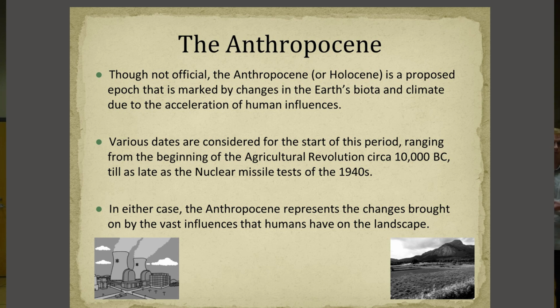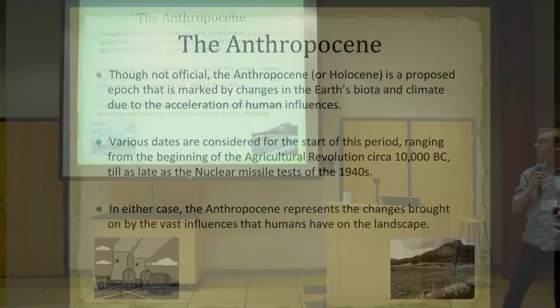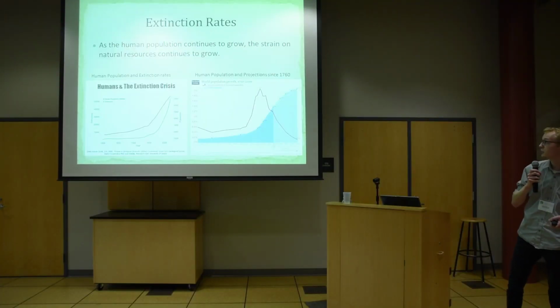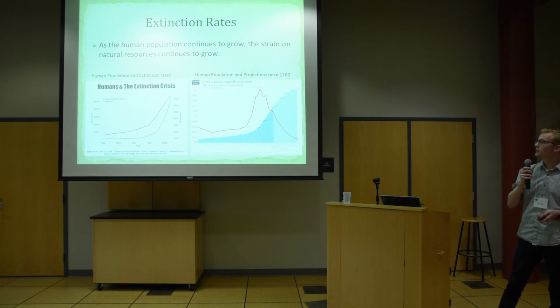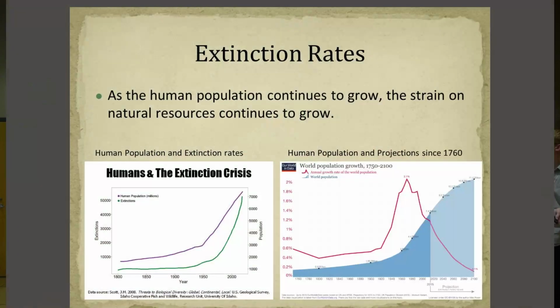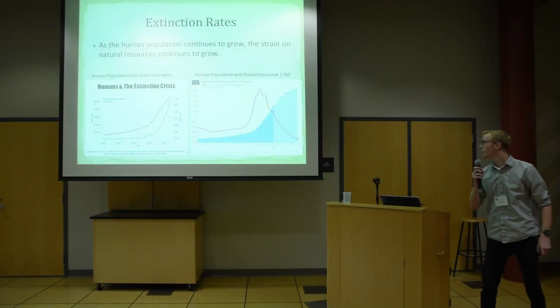But we do have the relative knowledge that we have an impact on the world around us, because as the primary apex species on Earth, we have vast population growth. On the left of the screen, you see human population in purple, plotted against extinction rate in green. On the right, we have human population growth. Dark blue is up to the current period, and light blue is the projection of human growth to, I believe, 2100.